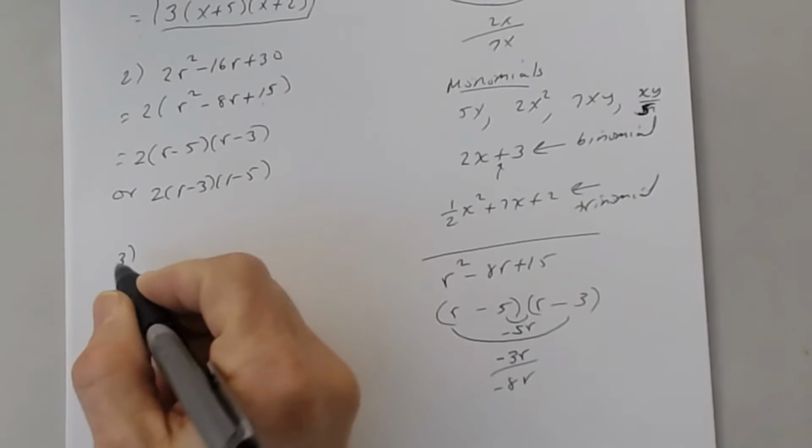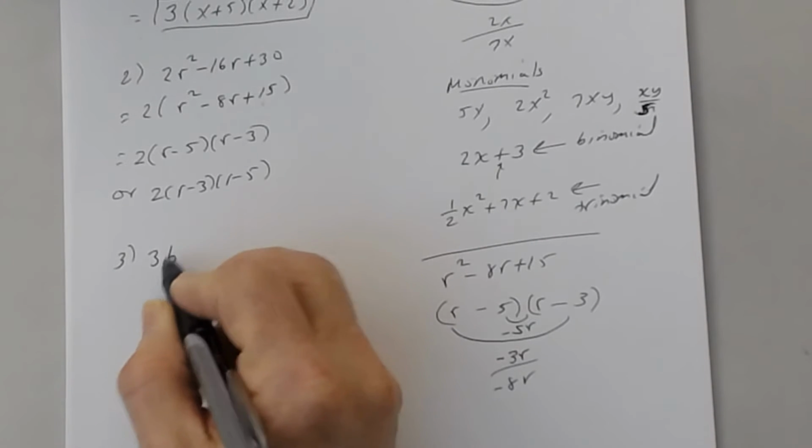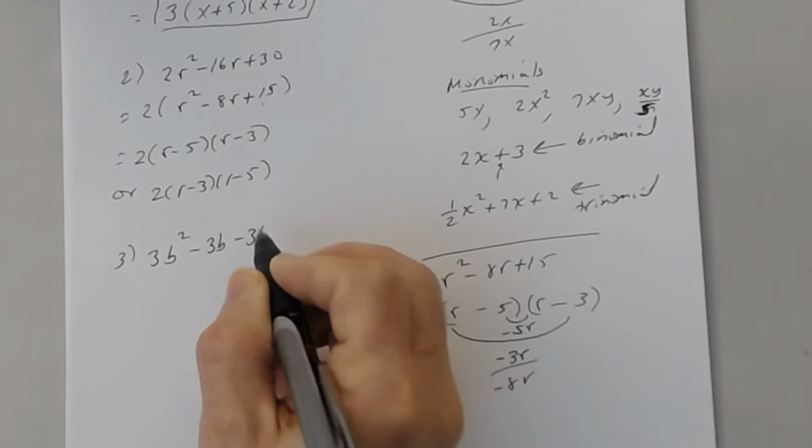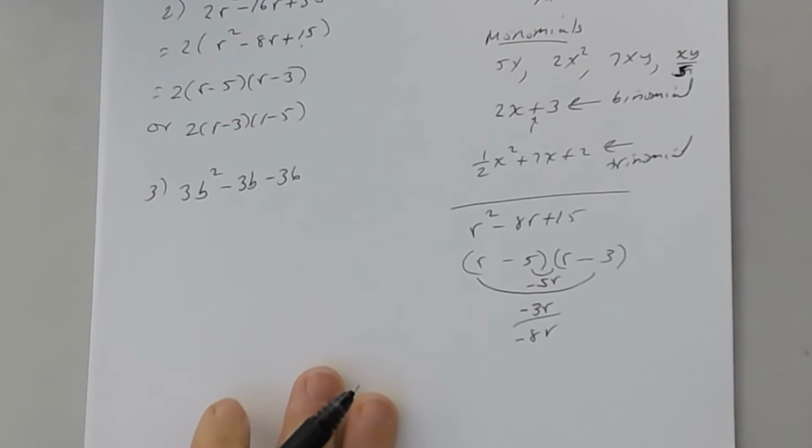All right, number 3. Suppose you had 3b squared minus 3b minus 36. So 3b squared minus 3b minus 36. So what are you going to do first? Okay, find the GCF. What's the GCF? 3?